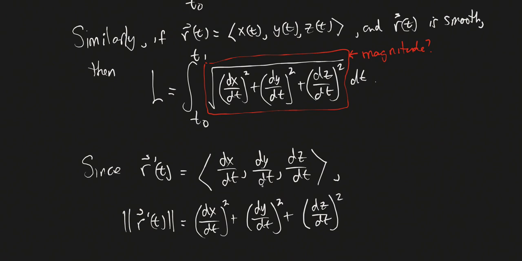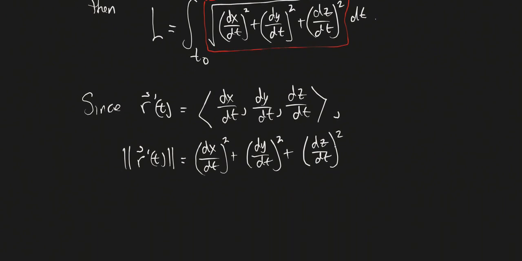That means I can restate my arc length formula in a much more compact, a much simpler way by simply saying that the arc length of a vector function is the definite integral of the magnitude of the derivative of that vector function.